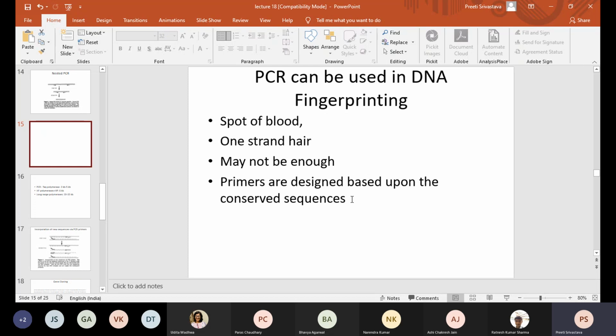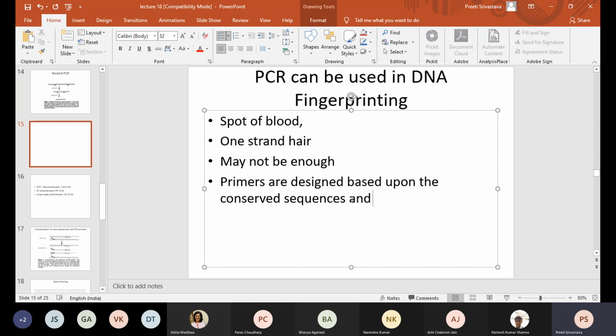In this case, primers are designed based upon the conserved sequences and repetitive sequences, which in this case are called tandem repeats. So this VNTR region can be amplified. You can go easily up to 10 to 15 kb using long range polymerases, right?